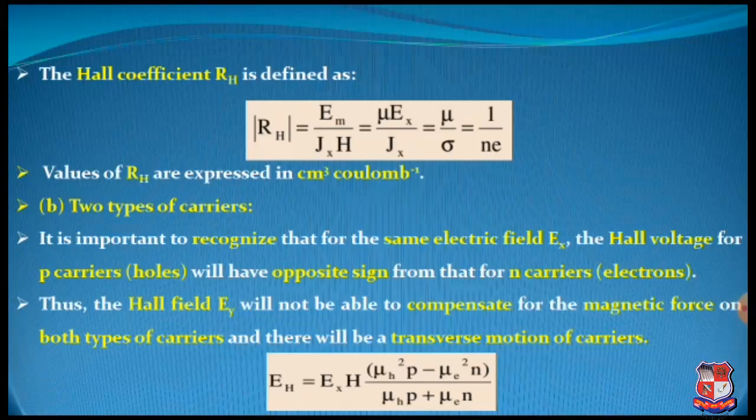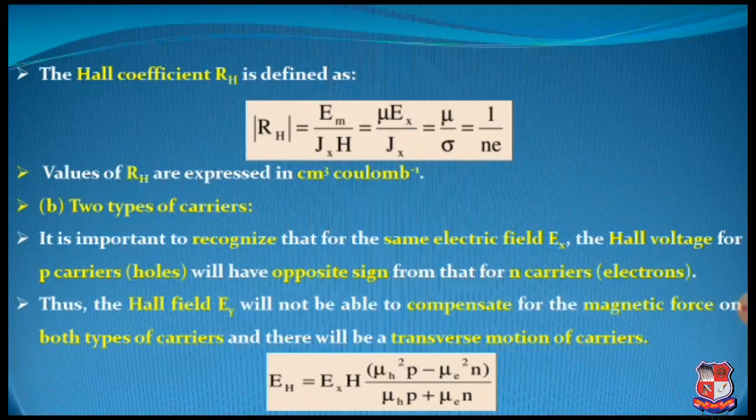So this was all about the step A. Now we will move on to step B, where we are assuming that both types of charge carriers are present, that means electrons and holes both are available inside the investigating crystal.